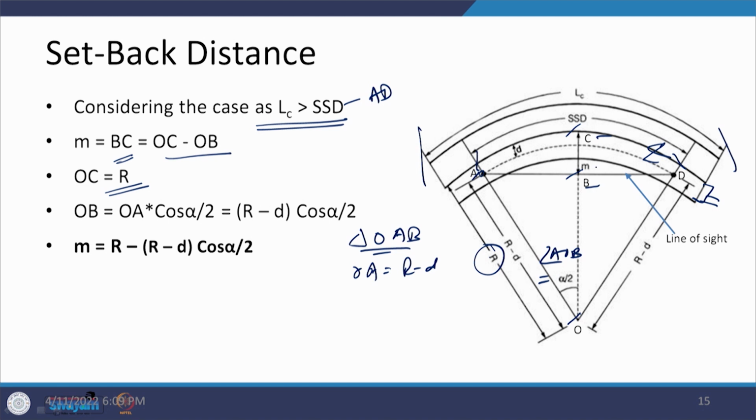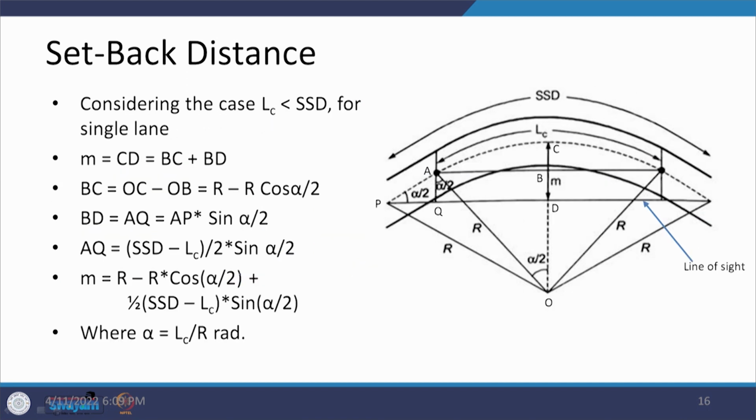So, if we have to calculate OB, then OB is nothing but OA cos alpha by 2, and therefore, it is R minus d into cos alpha by 2, and together it becomes M equals R minus (R minus d) cos of alpha by 2 as the setback distance for this case of a 2-lane 2-way road with length more than SSD.